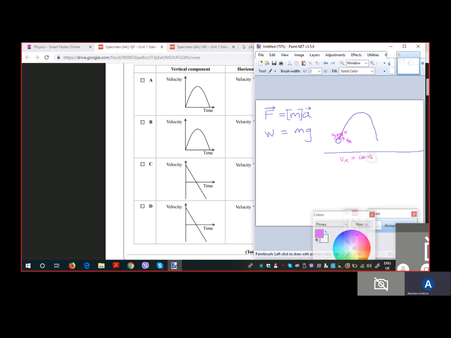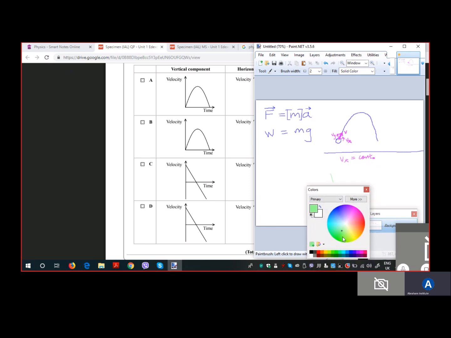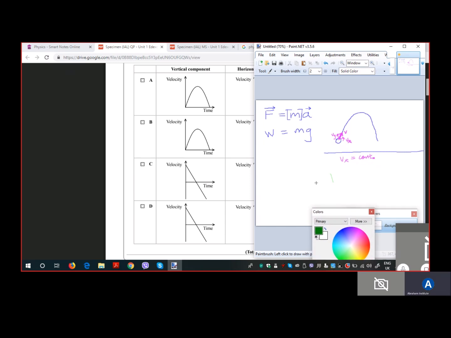It is upon the person to choose which way is positive and which way is negative. If you take up as positive, then whatever is down is negative. Do you get it? What they have done is taken up as positive, so up, positive.